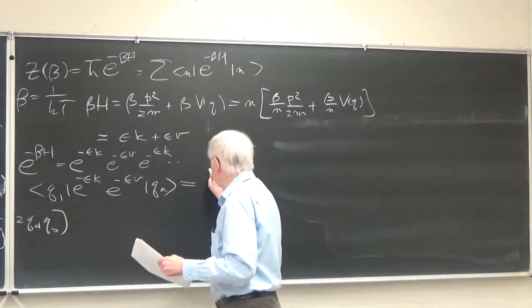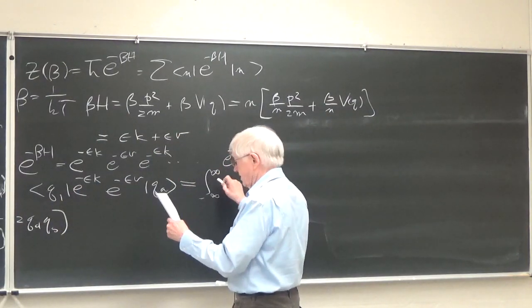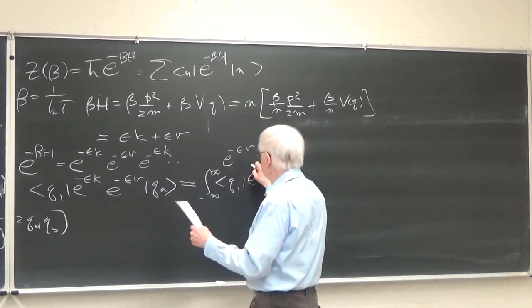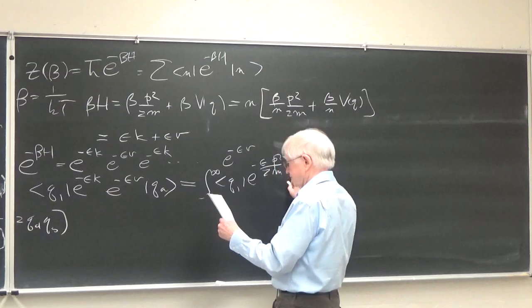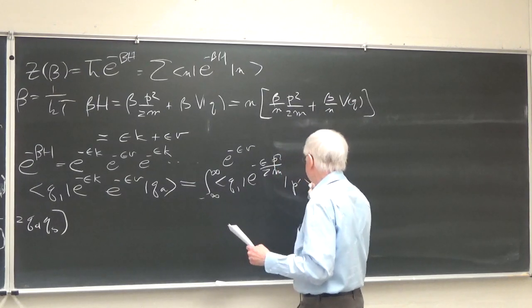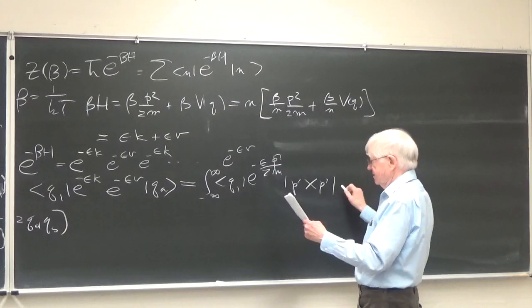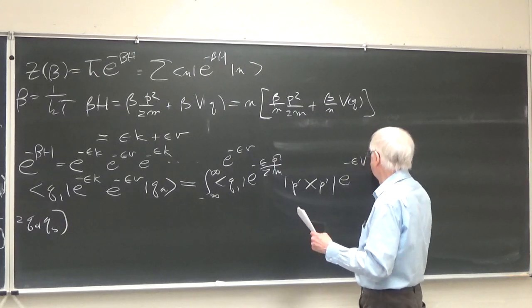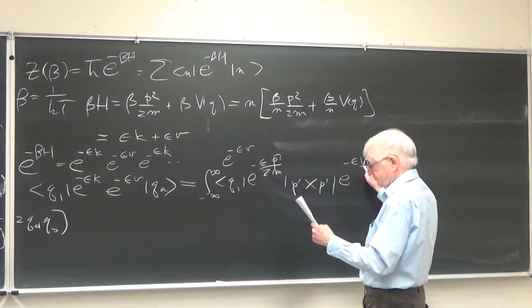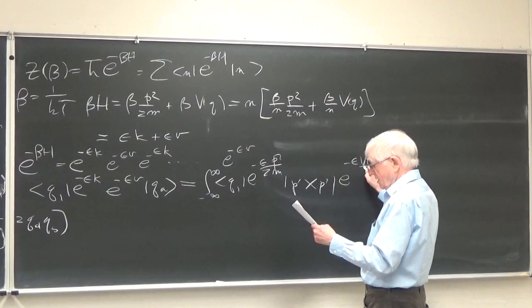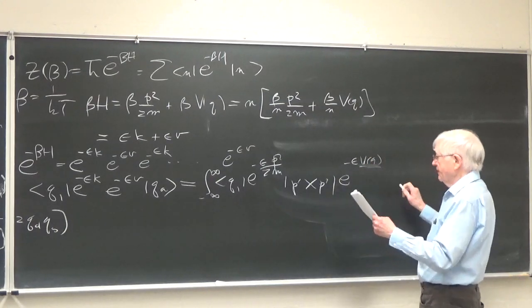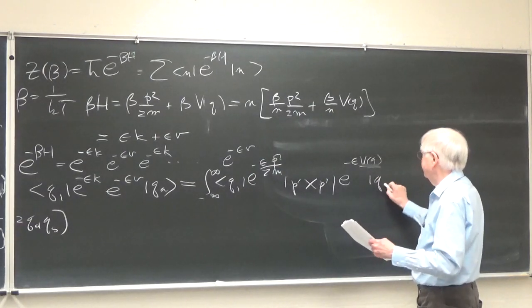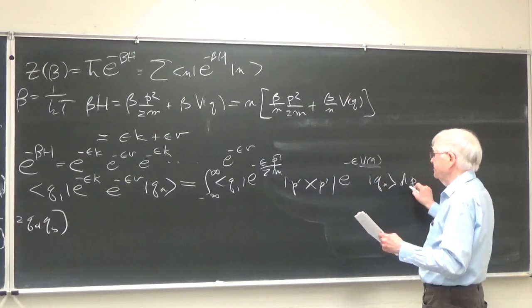And so this is then an integral from minus infinity to plus infinity, q1 e to the minus epsilon p squared over 2m, put in the complete set of states, the p prime states, e to the minus epsilon V of q, and then qa, and then we have an integral of dp prime.